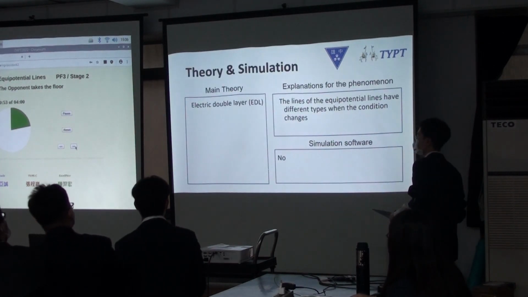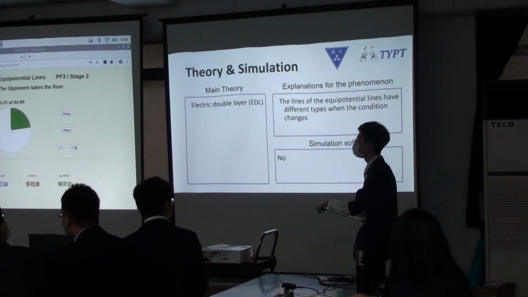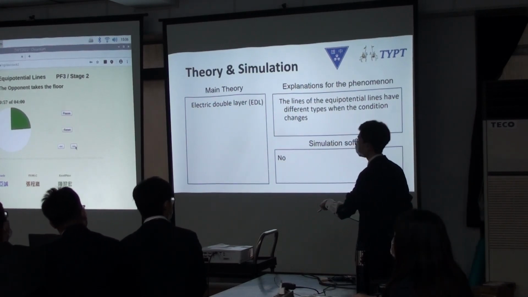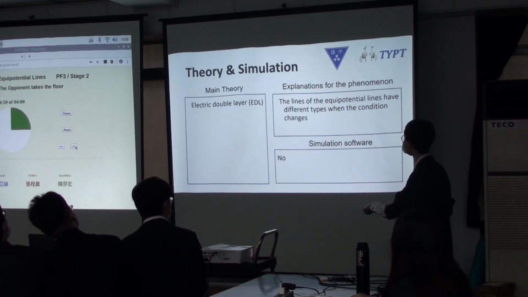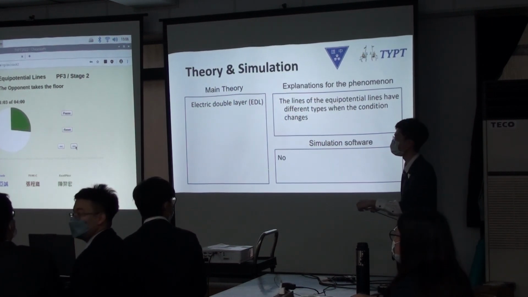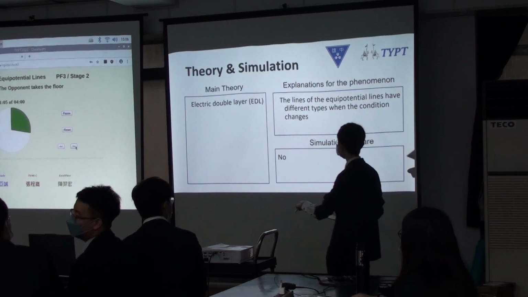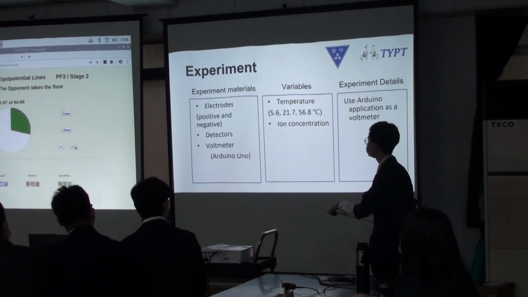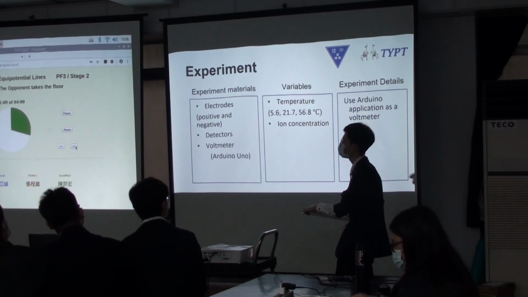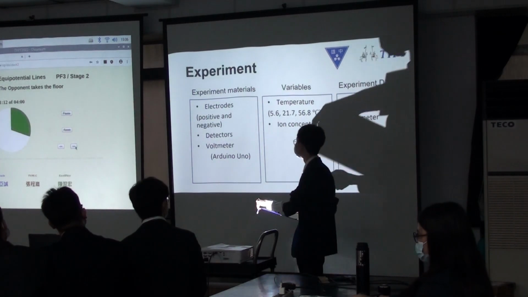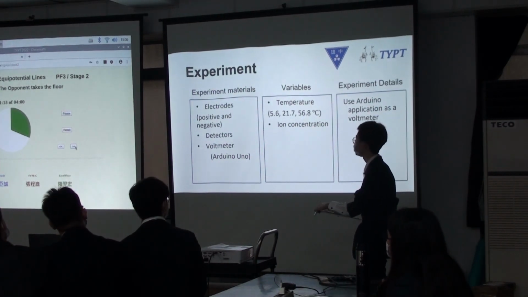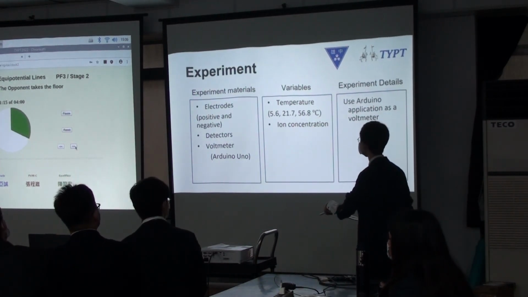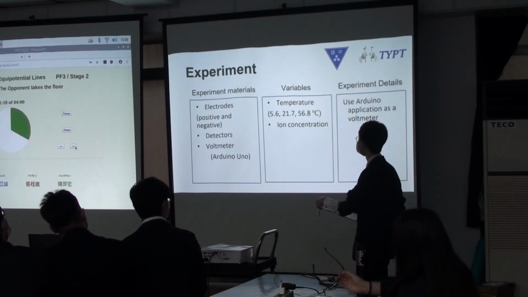Also, the main theory of the reporter was the electric double layer, and the reporter explained that the equipotential lines have different types of condition changes. And for his experiment materials, he used electrodes such as graphite and copper, and used detectors and a voltmeter, as I mentioned. And the variables in this experiment include temperature as well as ion concentration.